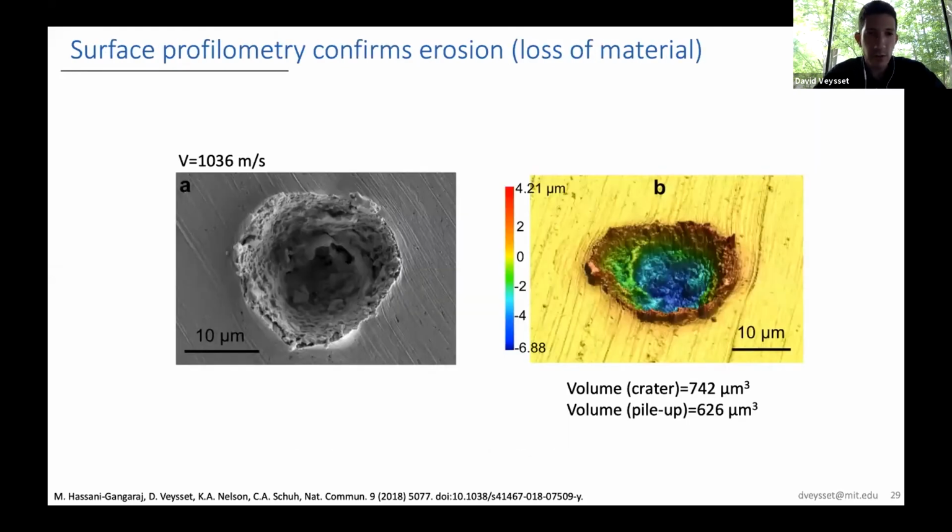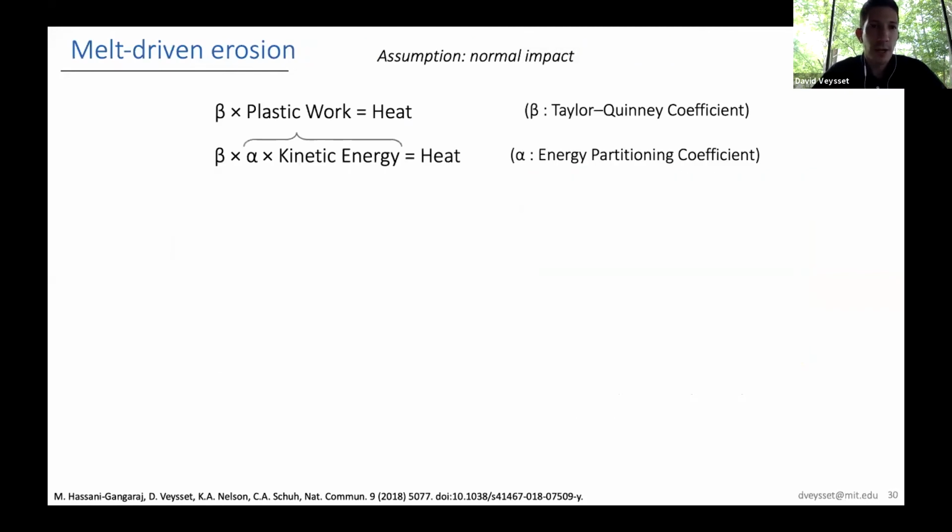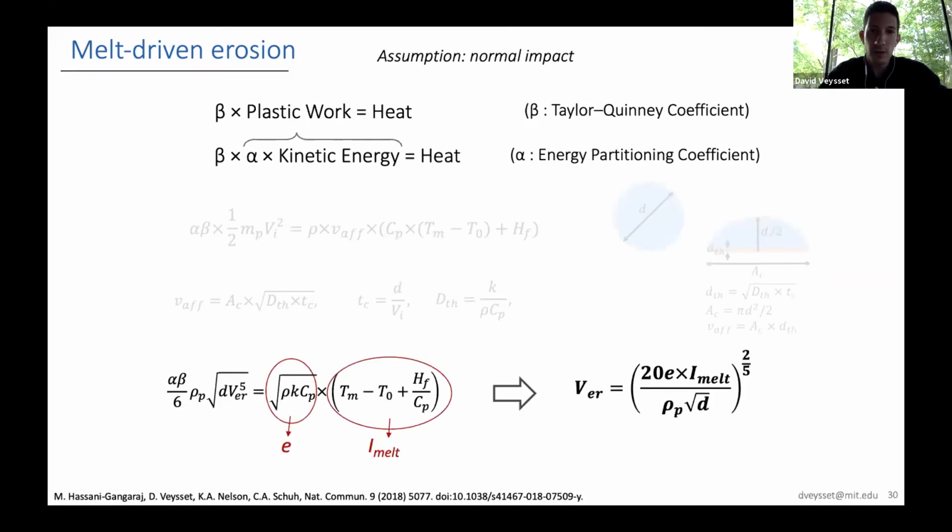So we can verify using confocal microscopy that there is actually overall loss of material, because you have more volume that is lost than what would be gained. So in this melt-driven erosion regime, we can also derive using simple equations to estimate the threshold for erosion. So I'm going to save you from the equations, but they can be found in our papers.